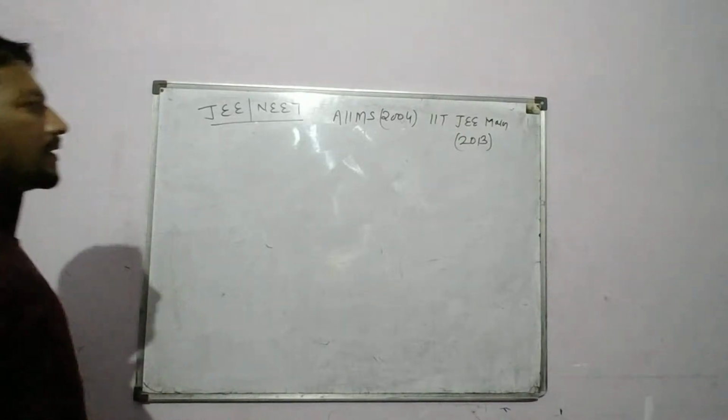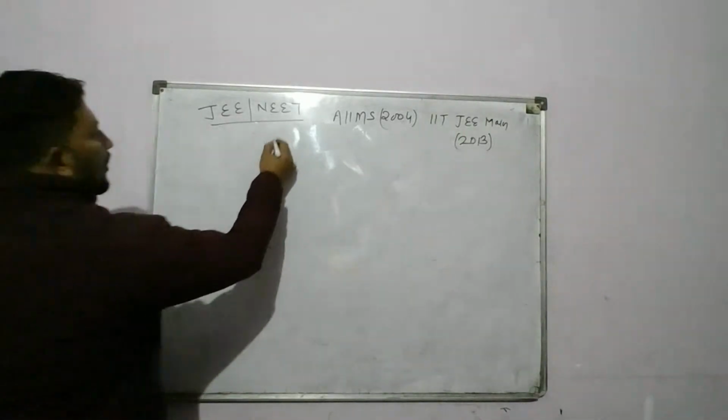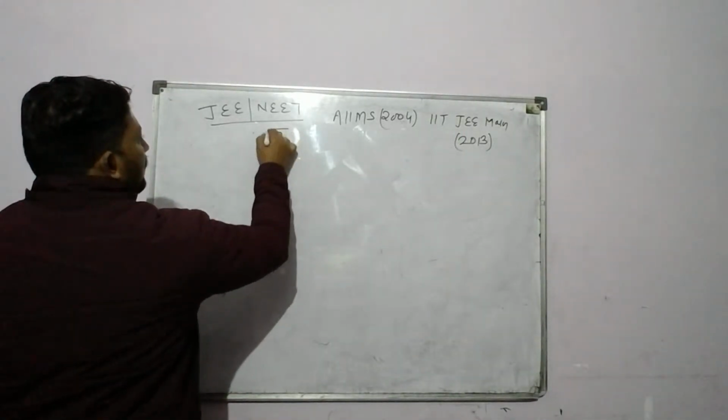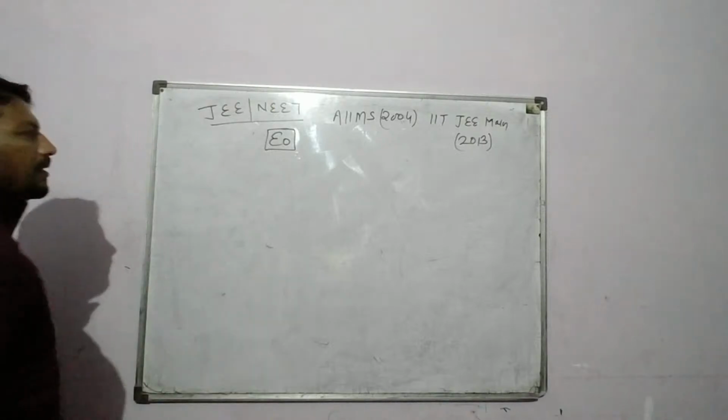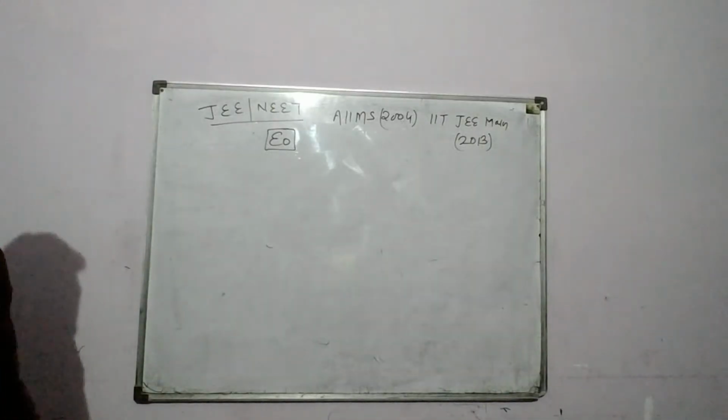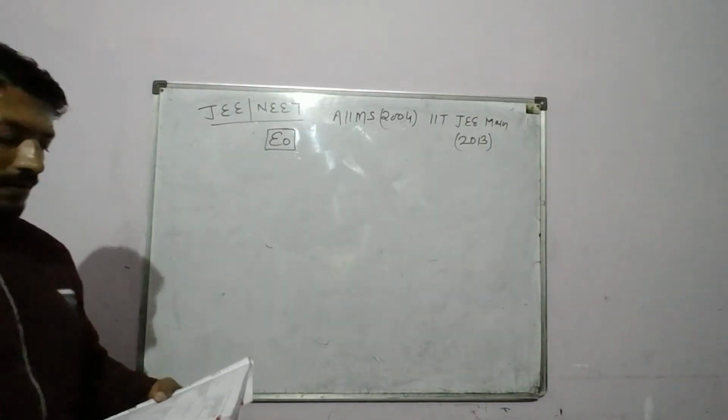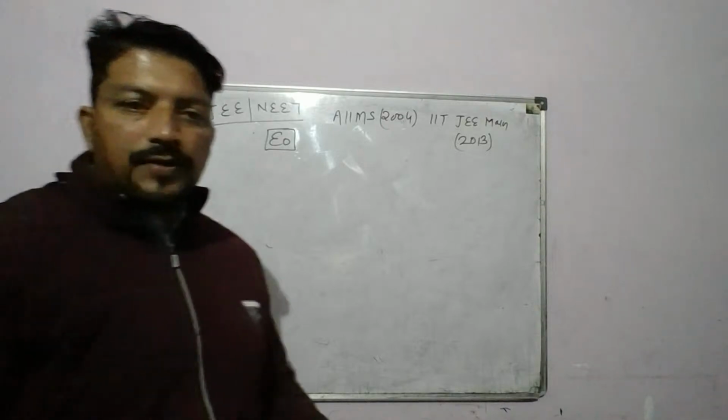They ask for the dimensional formula of epsilon 0, permittivity. Again, we revise the question.